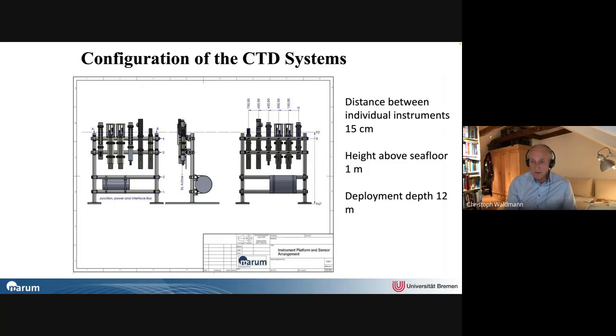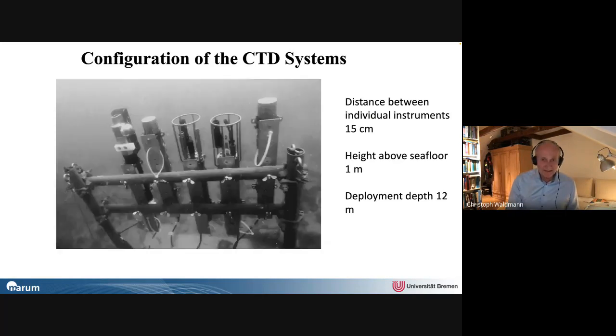And the overall deployment depth is 12 meters, which is not that much, but in any case, we just took what we got, more or less. And this is a picture showing the same configuration taken by a diver. And that was also a very special situation that we have, because they have a diving group, and one of our partners is leading this diving group.